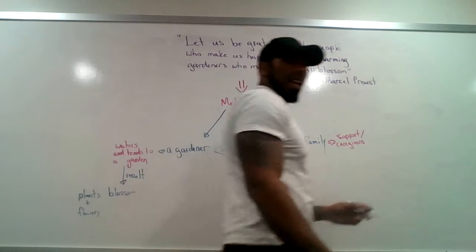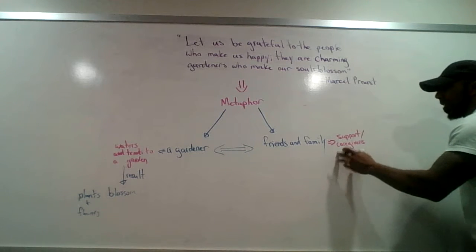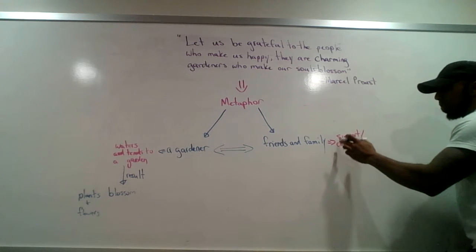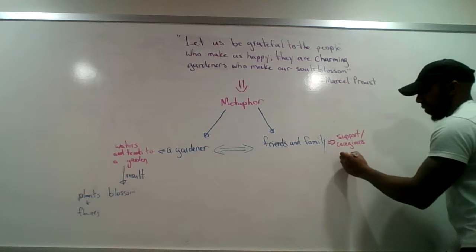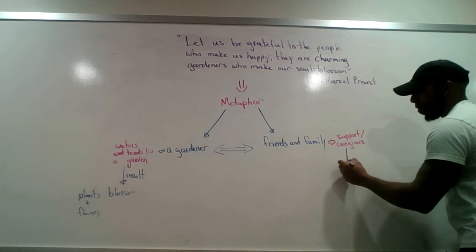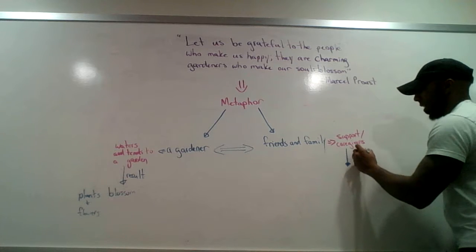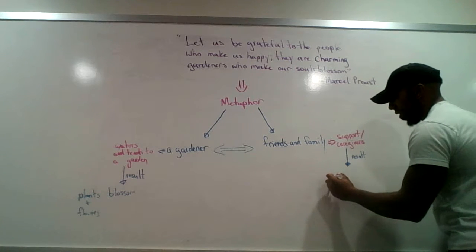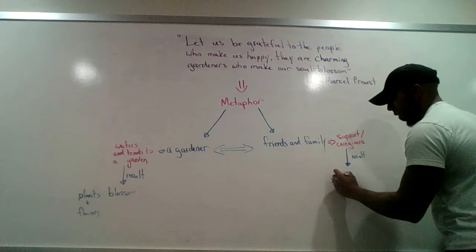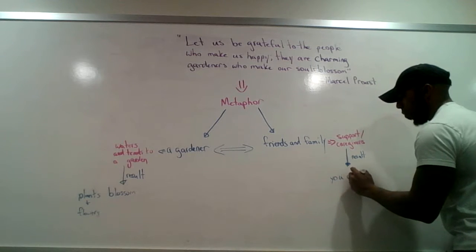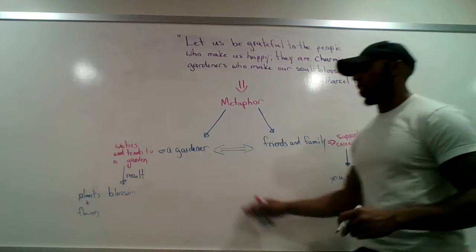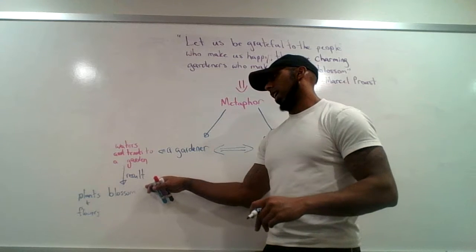Now, friends and family offer you support and take care of you. What's the result of that? You as a person, the vocabulary is not the same, and that's why a metaphor is so effective. You, quite simply, grow.